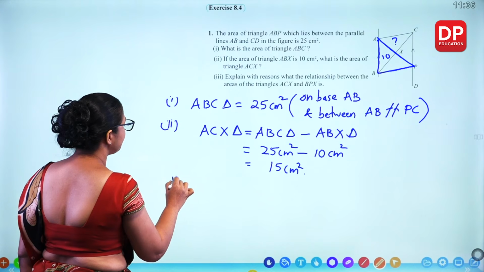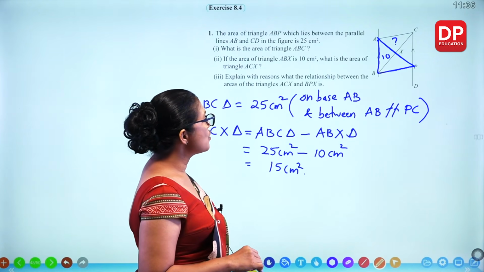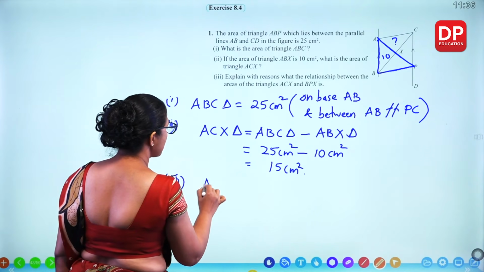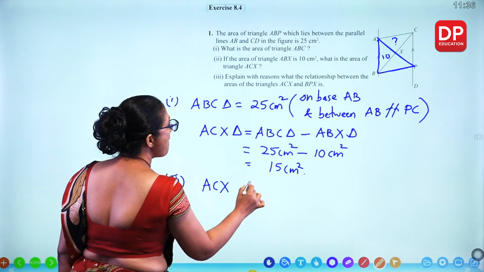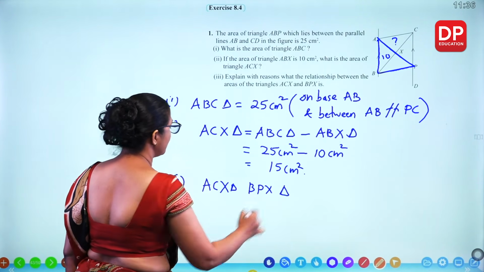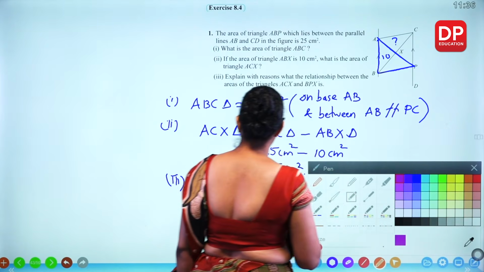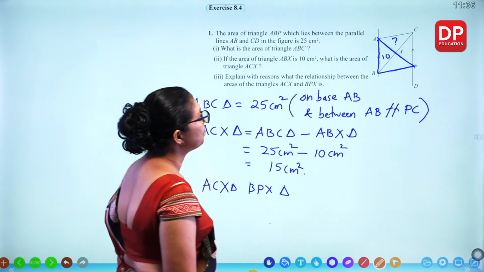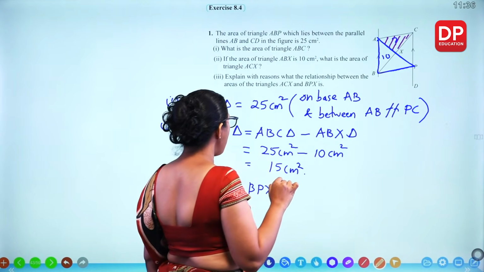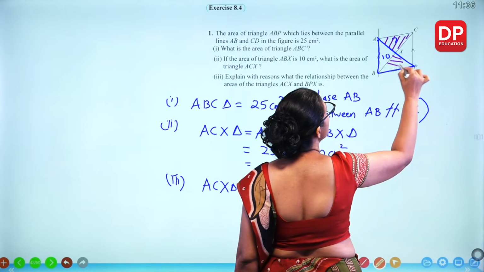Third part, explain with reasons what's the relationship between the areas of the triangle ACX and BPX. We'll try to find out. ACX, this one, and BPX. BPX is this one.